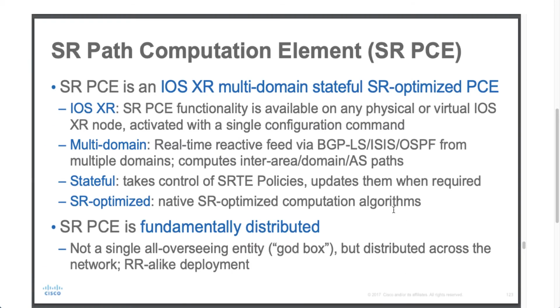SR-PCE is an IOS XR multi-domain stateful SR optimized PCE. That means IOS XR SR-PCE functionality is available on any physical or virtual IOS XR node. As long as you have access to a virtual or physical IOS XR device, you can have that device acting as an SR-PCE within your network.